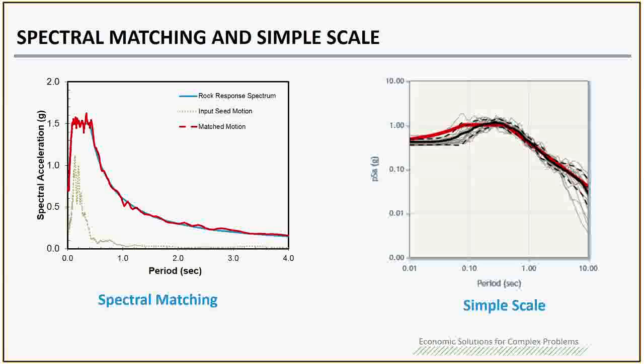However, the PEER center recently developed a tool that can automatically do the simple scaling approach. This example is actually from the PEER Earthquake Center. So now this simple scale approach has gotten more popular recently.